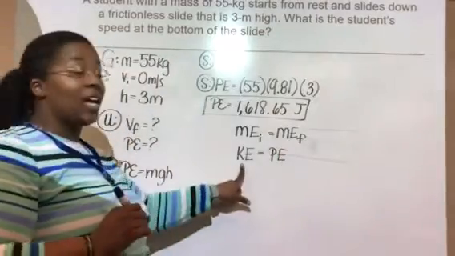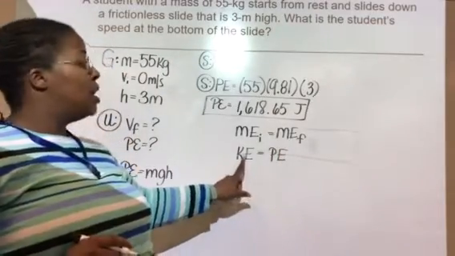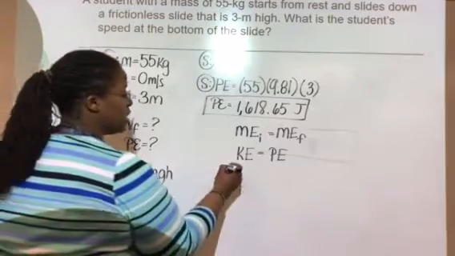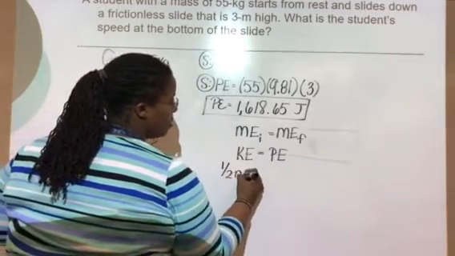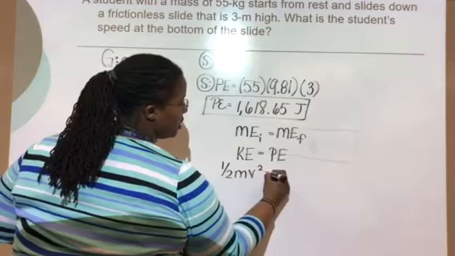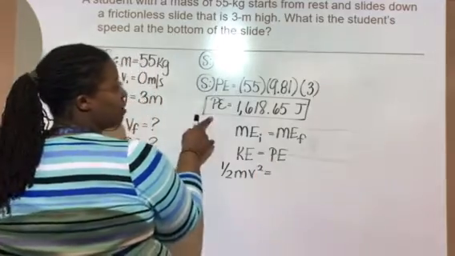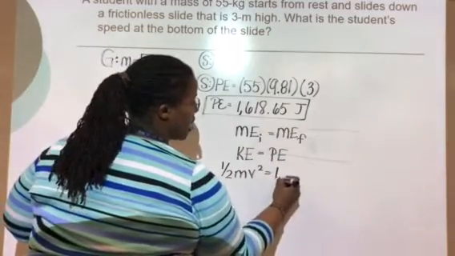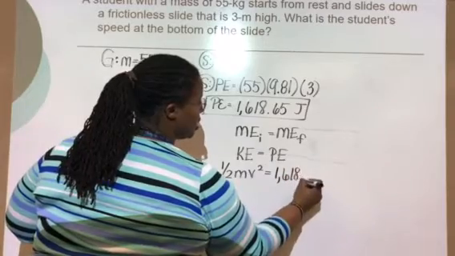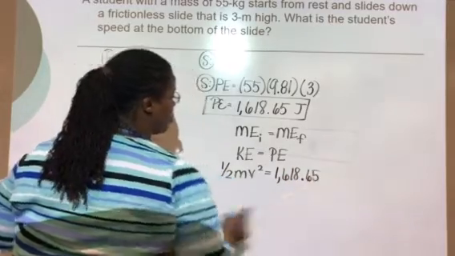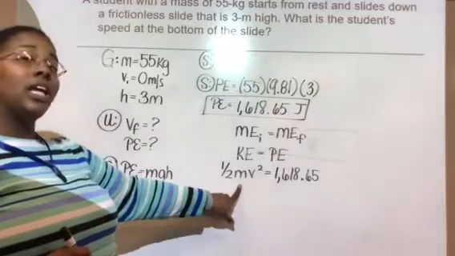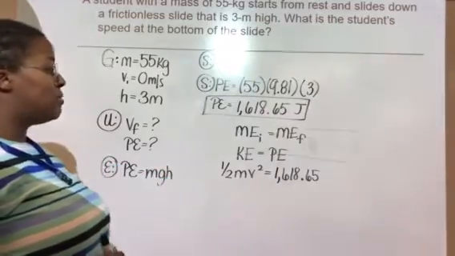Well, let's expand this equation out a little bit. The kinetic energy equation is 1/2 mv squared. And we just calculated our potential energy as 1,618.65 joules. Can I fill in the mass and the velocity?